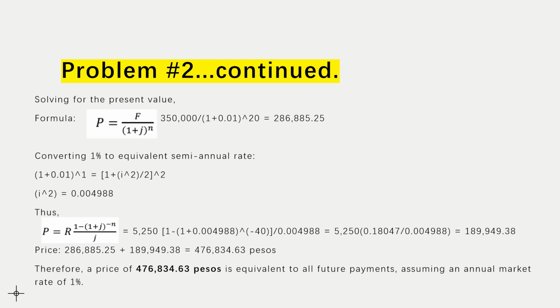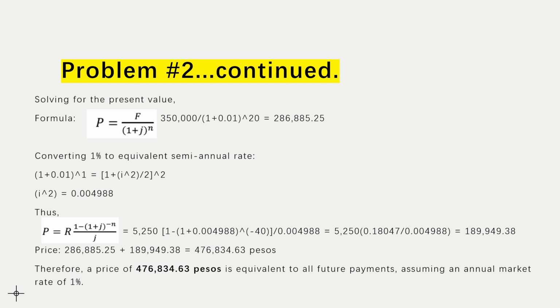Negative 40 because we're now solving for the semi-annual rate. The 20 we had earlier, we multiply by 2, since there are 2 payments per year and payable for 20 years, so there will be 40.